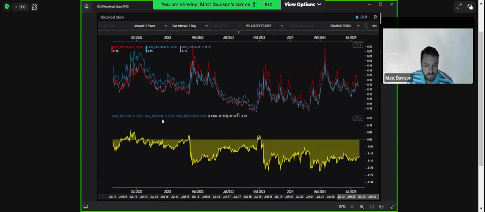So all those same things that we're looking at, what type of spread is trading richer? Well, it's going to flip around because the call is existing on the opposite side of the chain. So gold is a really good example of that.